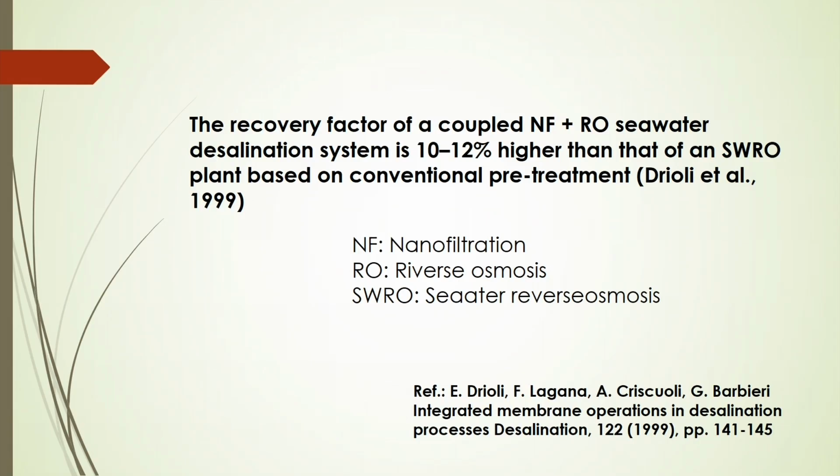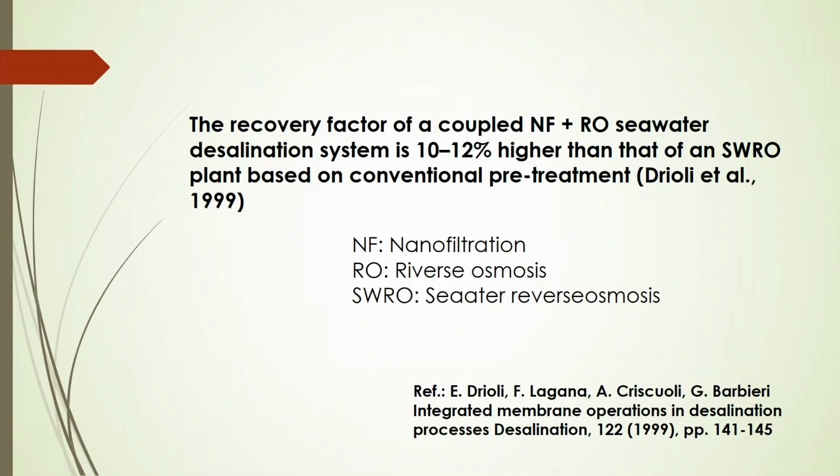So, it is actually reported by Drioli et al. 1999. They have concluded that the process intensification of this nanofiltration and reverse osmosis hybridization, or you can say the combination of these two, may increase the process efficiency up to 10 to 12% higher than that of a conventional RO plant.